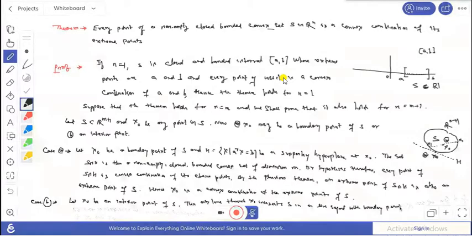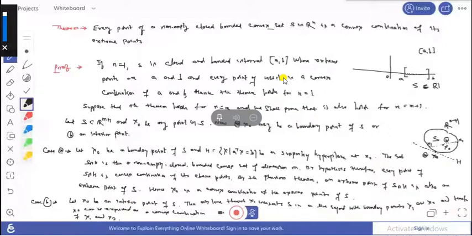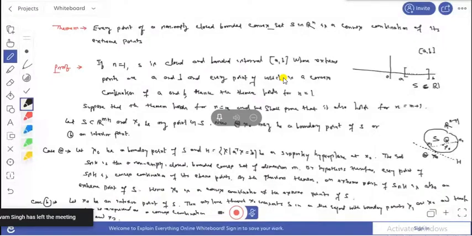Now since x1 and x2 are also boundary points of S, by case A, they are convex combinations of the extreme points of S. Hence, x naught is also a convex combination of extreme points of S.